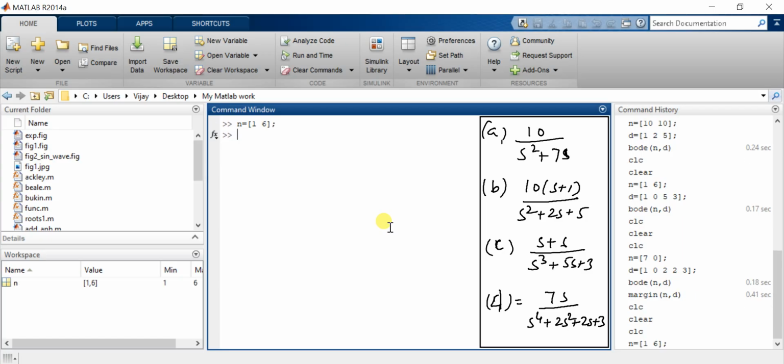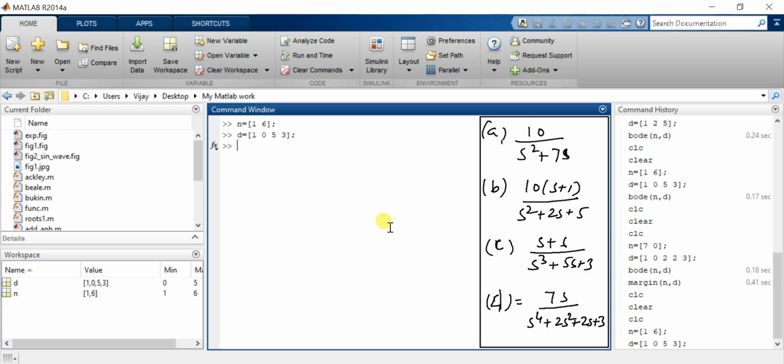In a similar way, you have to pass d equal to 1. The square term is 0, so consider the coefficient as 0, 5, 3. When you hit enter, this will give you the d matrix, and just pass it to margin, n comma d.